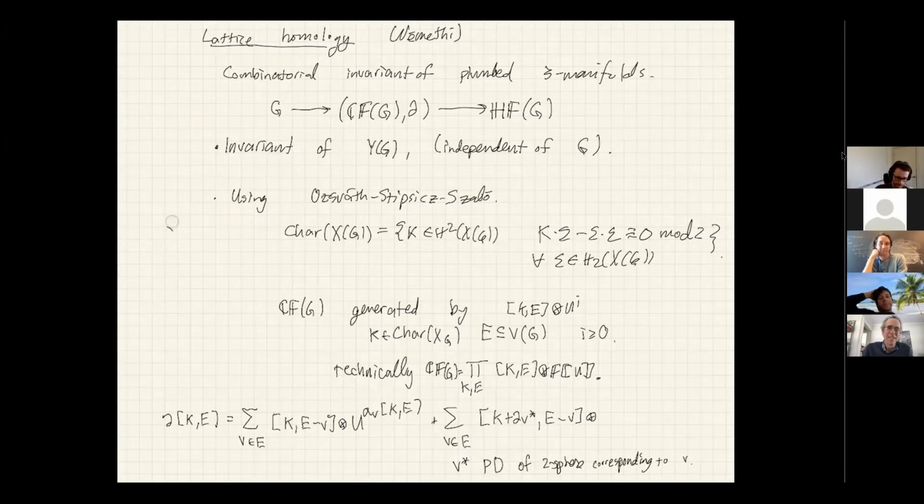In this case, we'll just cap it with a little disk in S3. So we have YG here, let's say this is XG, and on one boundary, I'm saying it's surgery on some link in S3.